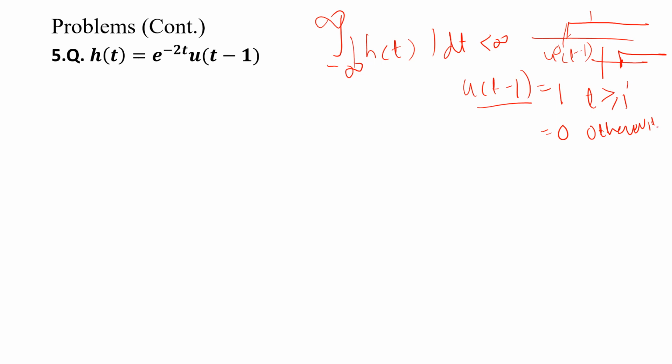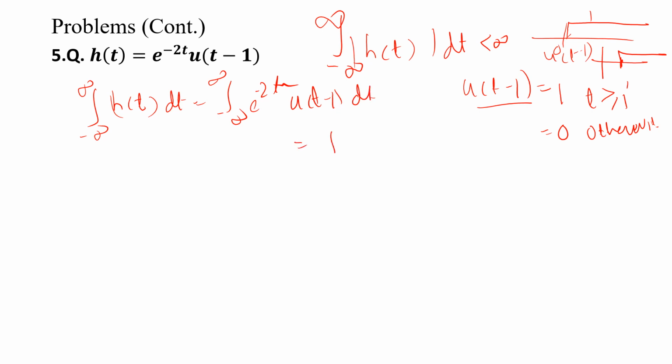Okay, so now what is the integration? Integration from minus infinity to infinity of h of t dt equals integration of e to the minus 2t u of t minus 1 dt. It exists for 1 to infinity, so integration from 1 to infinity of e to the minus 2t dt.